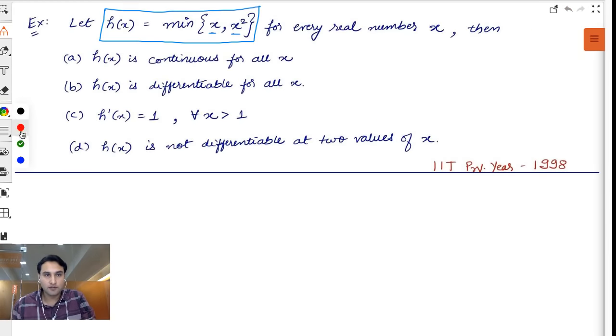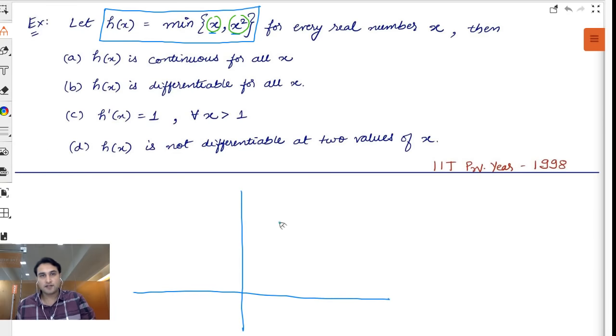It's very simple. First do what? Plot both these graphs individually, quickly. Okay? So step 1, first let's plot the graph of y equal to x, which all of you know. This is the graph of y equal to x.